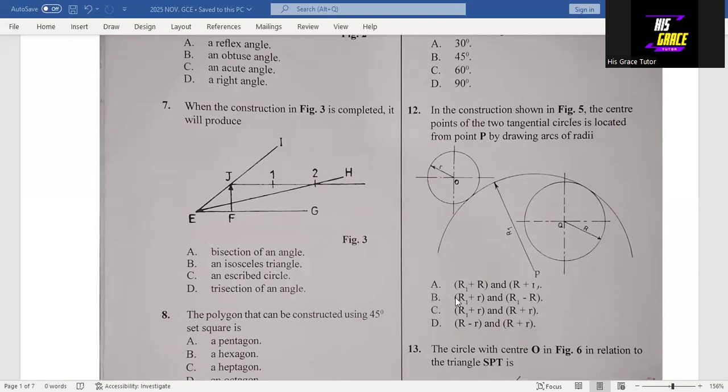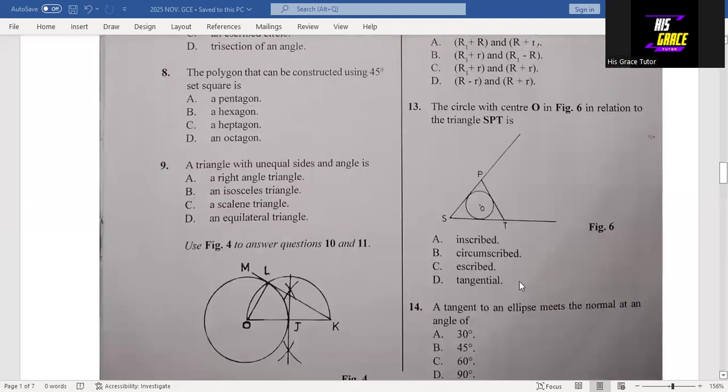That gives us R1 plus small letter r. Then for us to draw this arc to touch this circle, what we have to do is to subtract the radius of this circle from the radius of this arc, and that is R1 minus r. So the answer to this question is option B. That is for question 12.